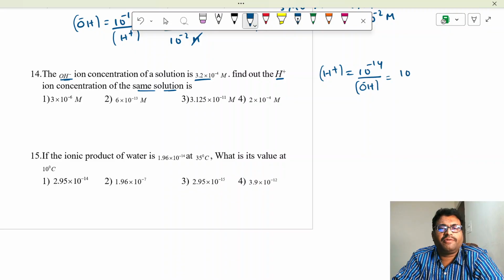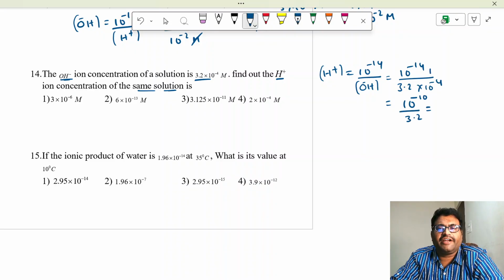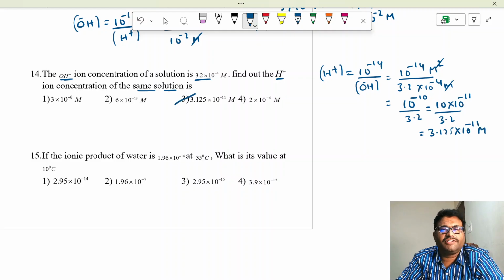That is equal to 10 power minus 14 by 3.2 into 10 power minus 4. That is equal to 10 power minus 10 by 3.2. I can write it as 10 into 10 power minus 11 by 3.2. So approximately 3 point something you will get. How much? 3.125 into 10 power minus 11 molar. So this is the answer.